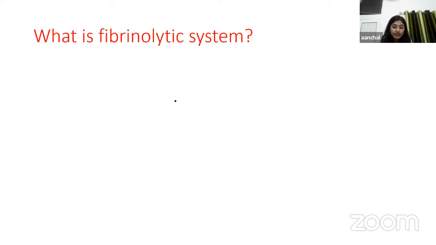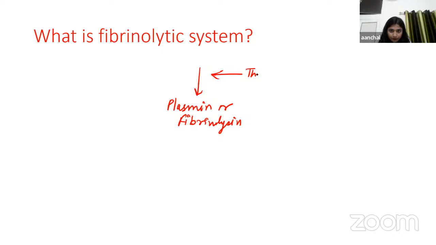What are those proteolytic enzymes? Those enzymes are plasmin or fibrinolysin, right? These are present in the circulation as plasminogen and are converted to plasmin by the action of thrombin, okay? By the action of thrombin, they are converted, right?